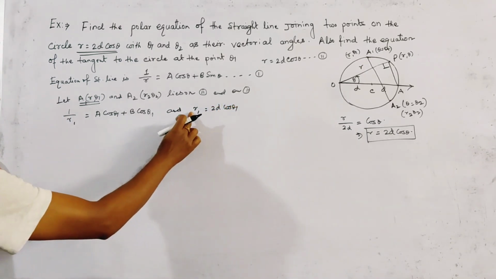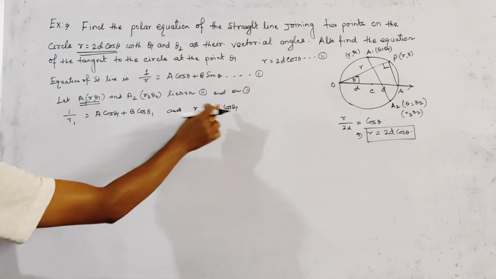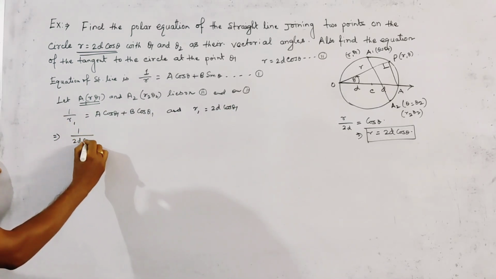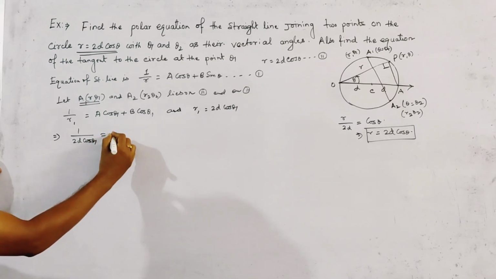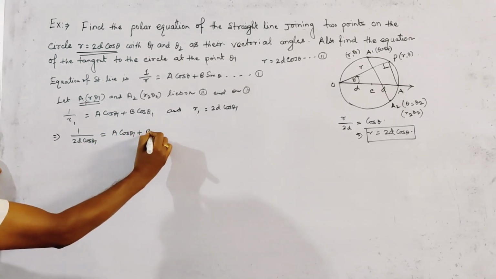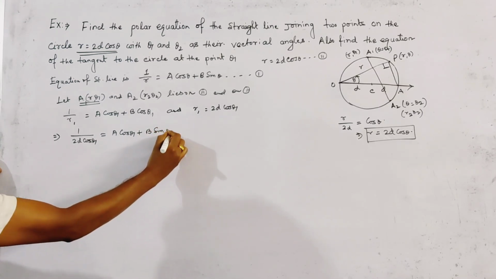Now putting the value of r1, that is 2d cos theta 1, here, we get 1 by 2d cos theta 1 = A cos theta 1 + B sin theta 1.